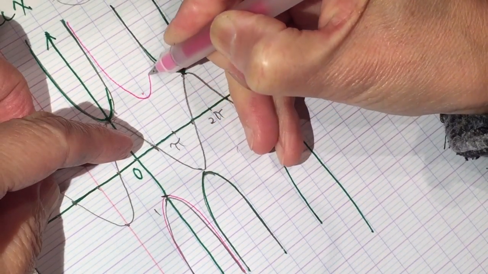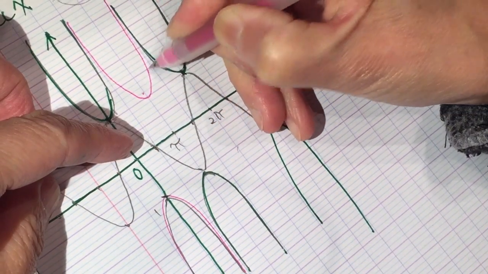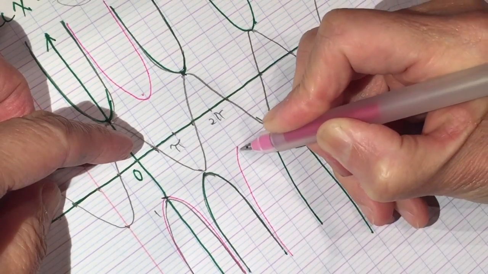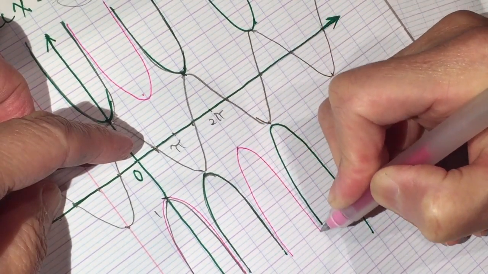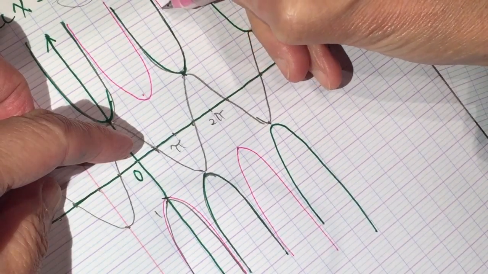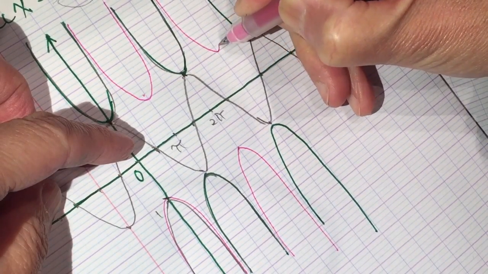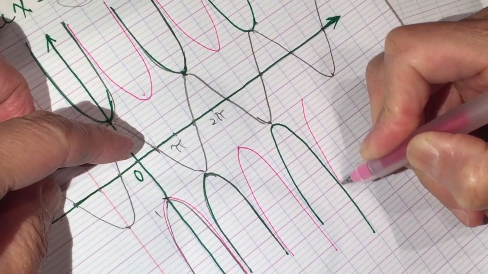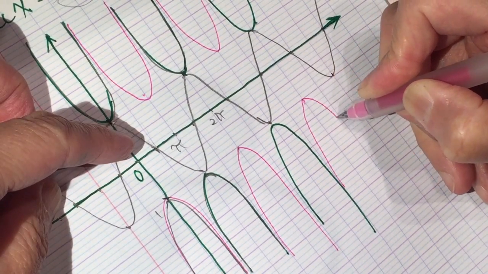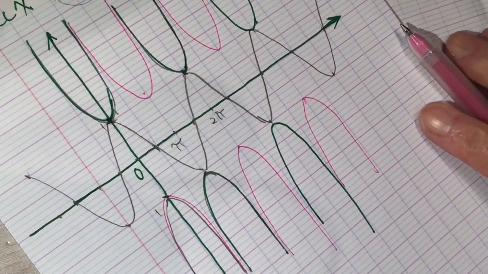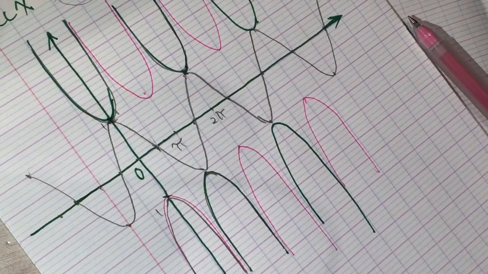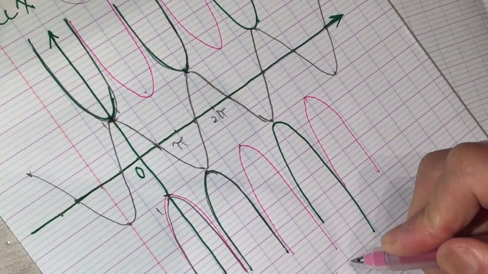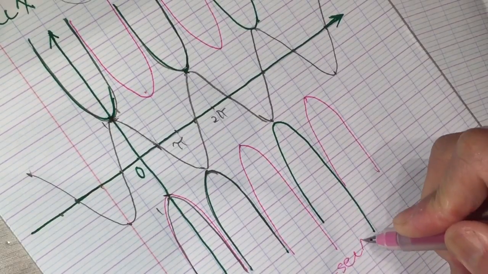Touch this one point. The pink one is the graph. Okay, the pink one is y equal negative secant x.